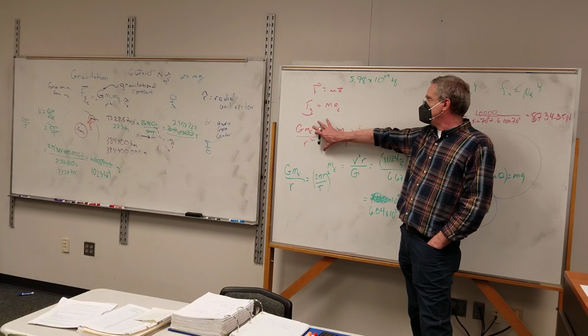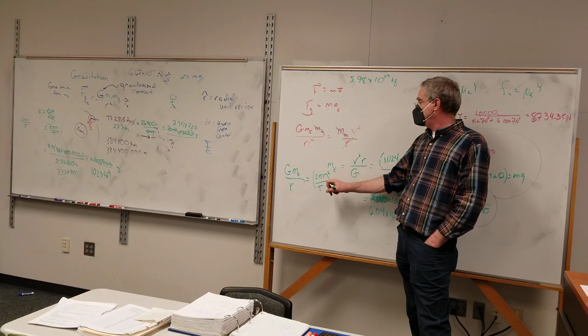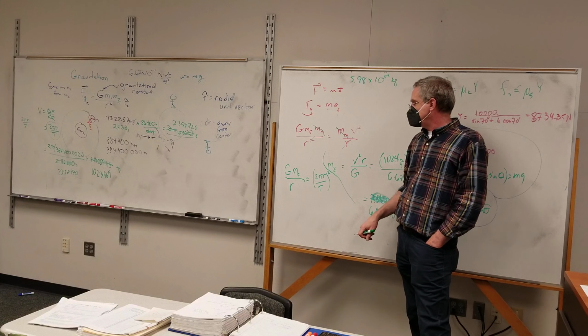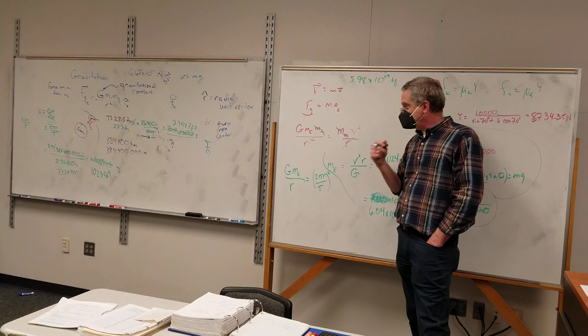So basically taking the reduced form of this, we got rid of one r and the mass of the moon, or whatever the orbiting object is, and then plugged in our general formula of distance over time for v.